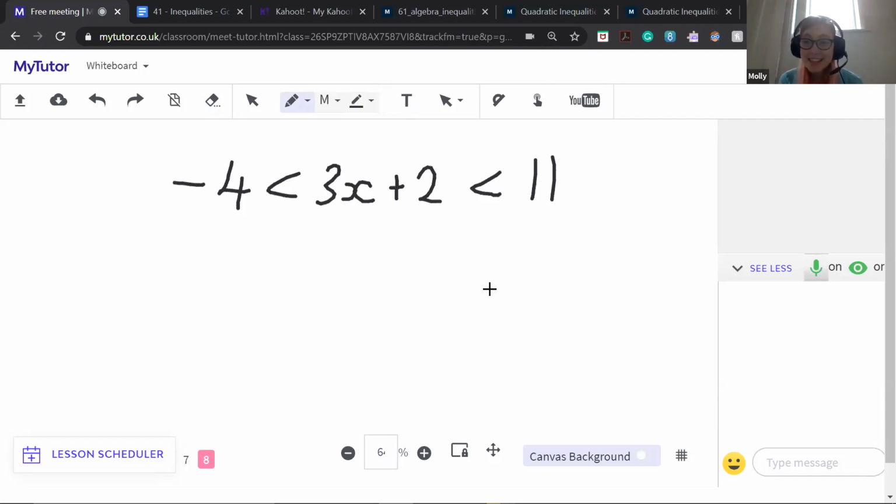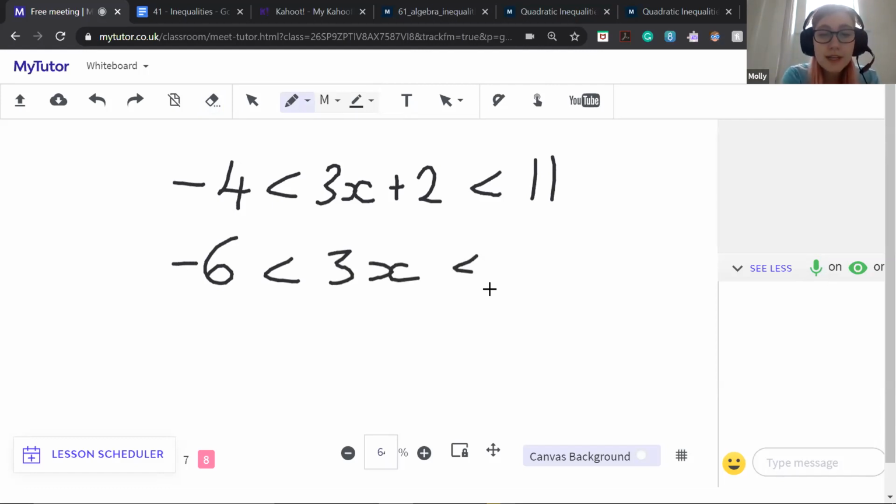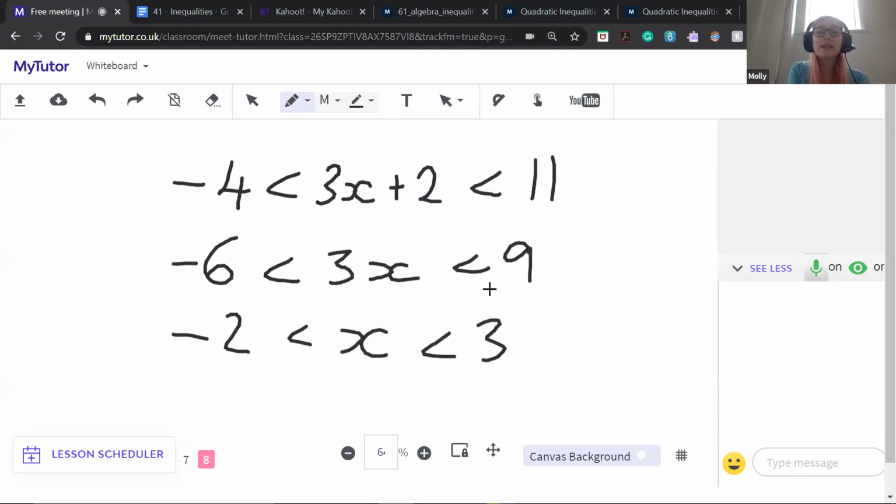Again, we're going to do exactly the same thing. We want to get x by itself in the middle. So we're going to subtract 2 from everything, all the parts of this, and then divide by 3. So we'll divide by 3 on everything. So we see that x is between minus 2 and 3 for this one to be true.